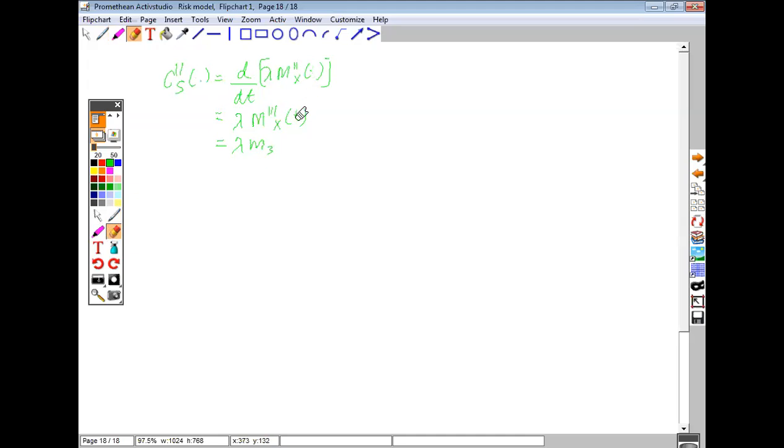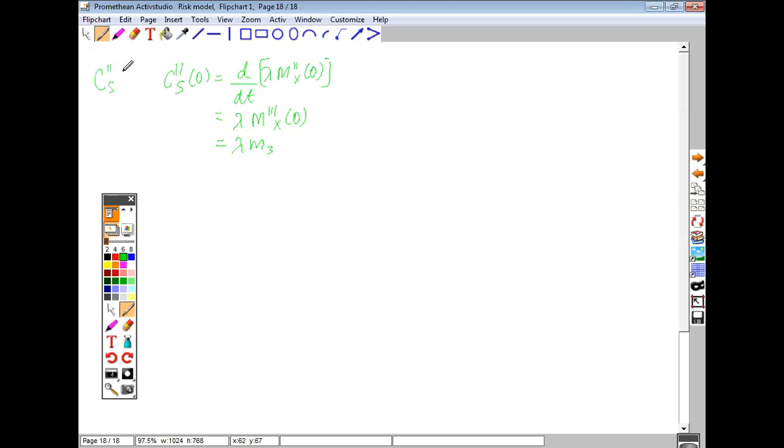Because if I'm looking at my skewness here, this is essentially my C double prime of S(t) evaluated when t is 0 to give me the skewness of S.